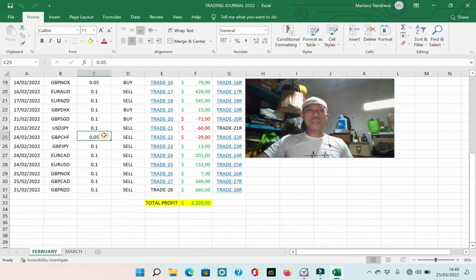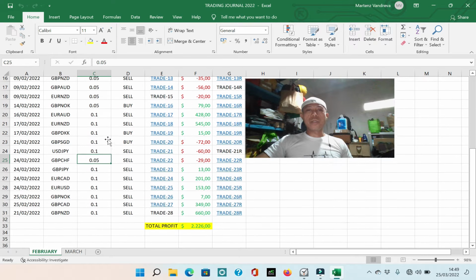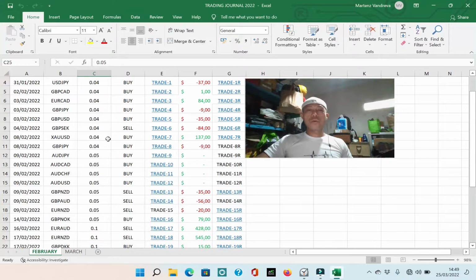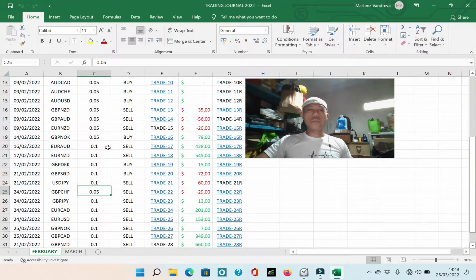Only this one is 0.05, because when I'm not really sure about the setup, I just put a small lot size. But when I'm sure or have confidence in a good setup that appears, I decided to open with 0.1.